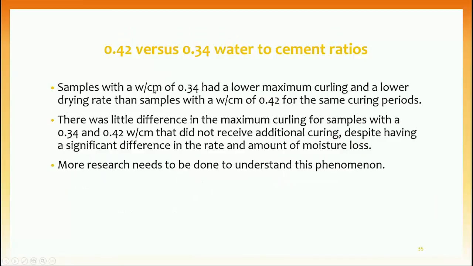So samples with the water to cement ratio of 0.34 had a lower maximum curling and a lower drying rate than samples with the higher water to cement ratio, about 0.42. And there was little difference in the maximum curling for samples that had no additional curing, despite having a significant difference in the rate and amount of moisture loss. And more research needs to be done to understand this phenomenon.